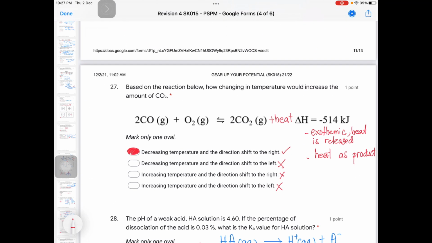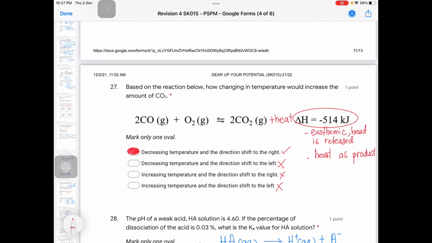Next, based on the reaction below, how changing the temperature would increase the amount of CO2. Okay, so daripada equation ini kita nampak delta H adalah negatif. Jadi kalau delta H negatif, maksudnya dia adalah exothermic. Exothermic, heat is released. Okay, haba dibebaskan.